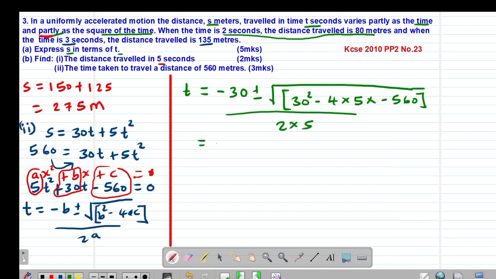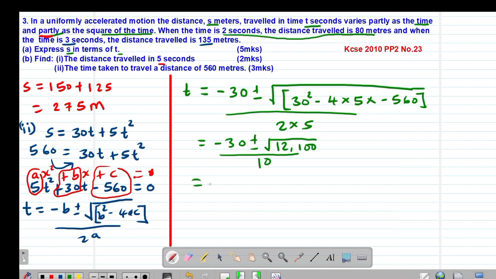So this will be negative 30 plus or minus, let me feed this on my calculator, 30 squared minus 4 times 5 multiplied by negative 560. I'm going to get the root of 12,100, then divided by 10.